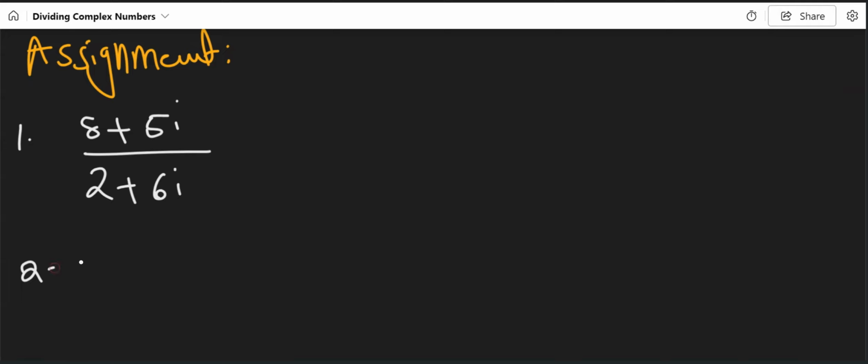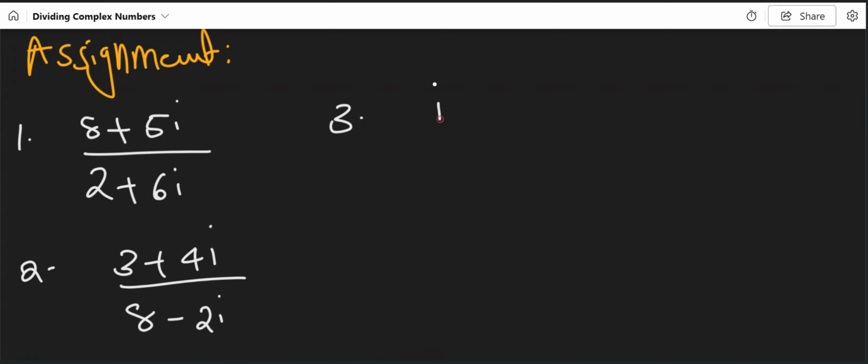The second one, please solve 3 plus 4i divided by 8 plus 2i. Okay, not 8 plus but 8 minus 2i. The third one, please solve i divided by negative 3 plus i.